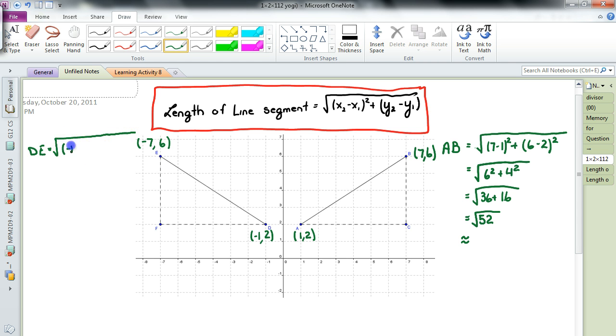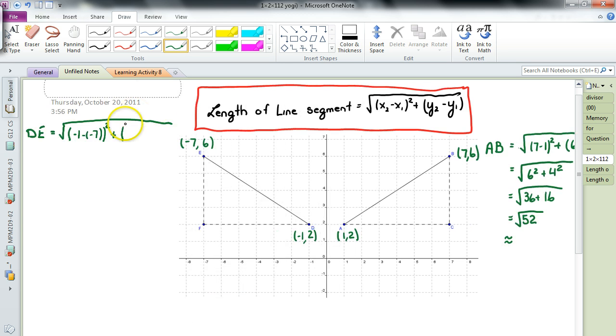So I'm going to say -1 minus -7 squared plus, let me just readjust this a bit, that's a little better. So now we're going to take the highest point, which is 6, minus the lowest point, which is 2 squared. So that's going to give me the square root of 6 squared plus 4 squared, and that's equal to the square root of 36 plus 16, which is equal to the square root of 52.